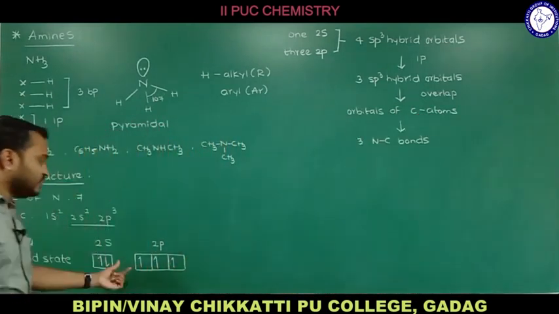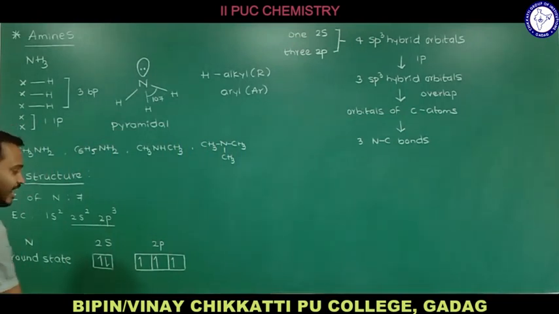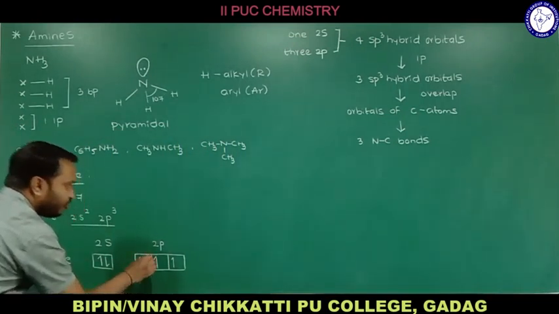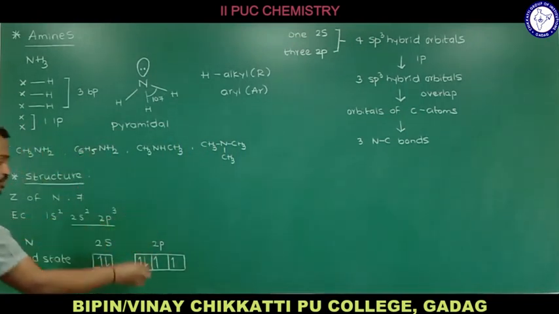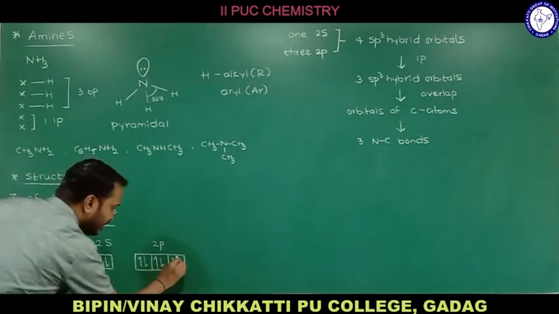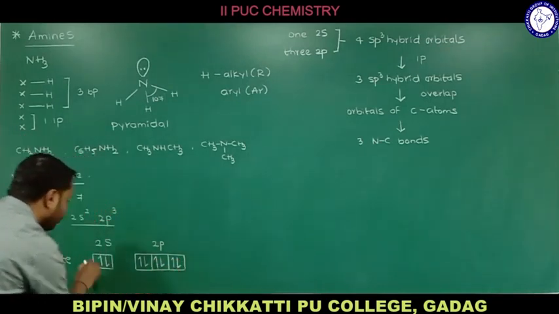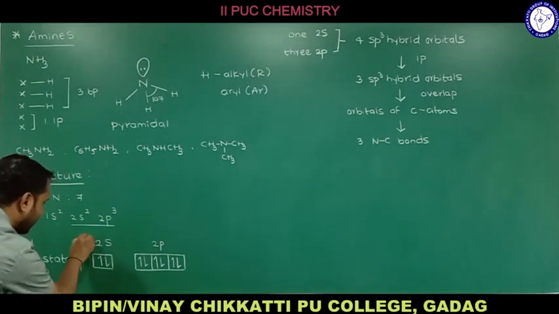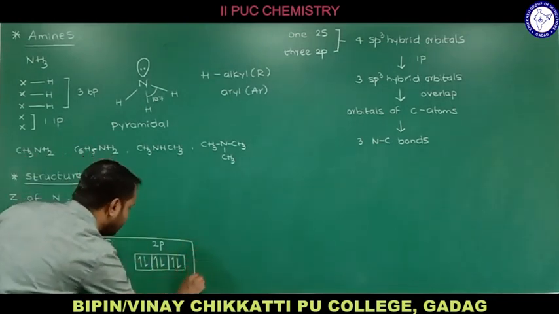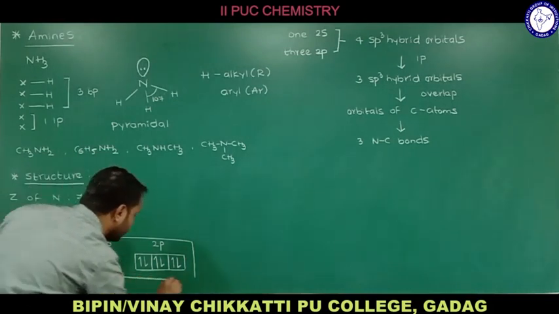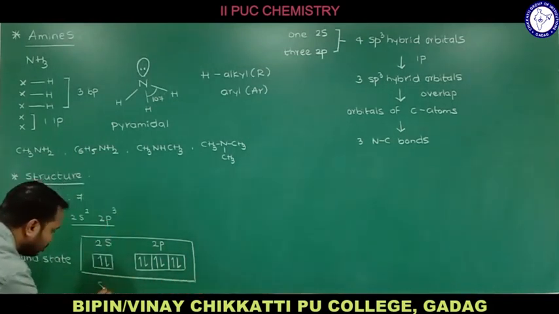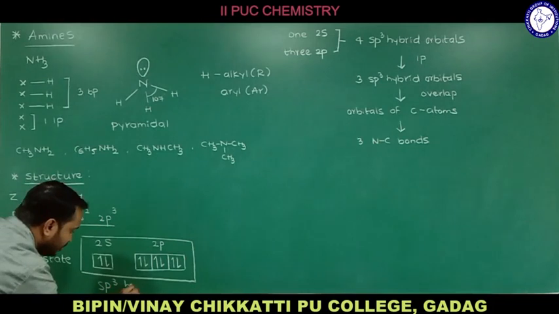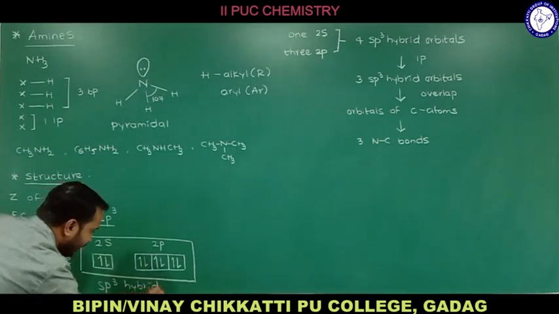Here we have 3 partially filled orbitals, as I said, and this will be 1 electron from the carbon, or hydrogen if you consider, and this will be the electron which is going to be mutually shared. Therefore, if you consider the same thing in the hybridized state, the type of hybridization I call sp3 hybridization.